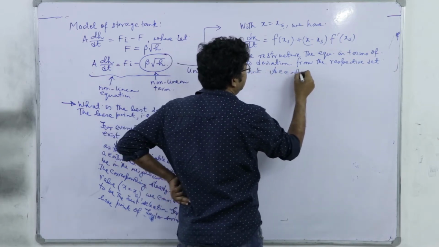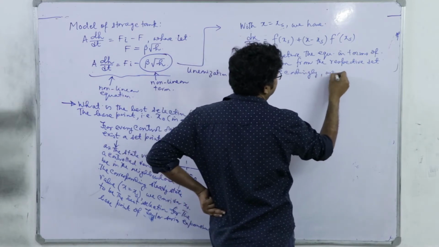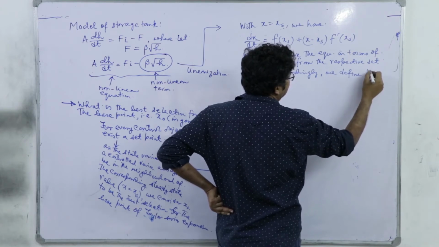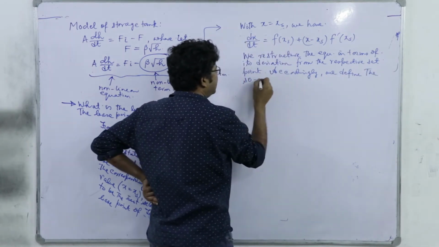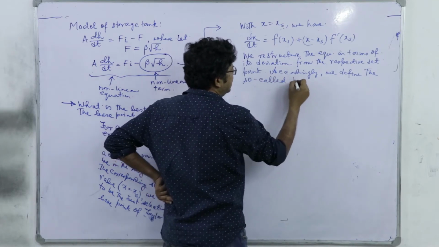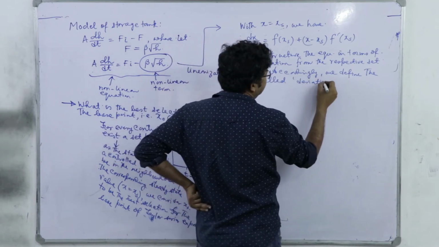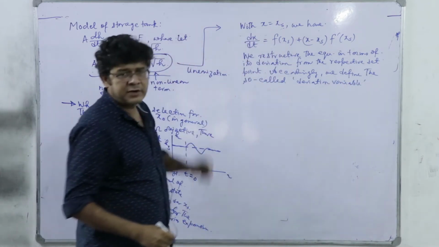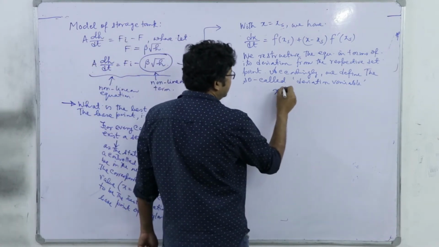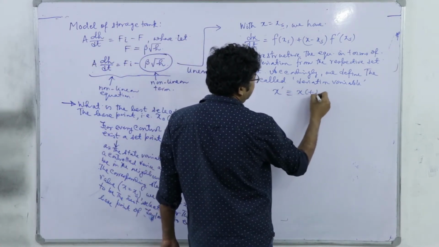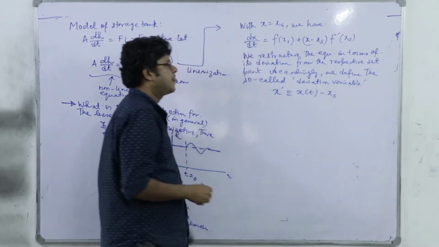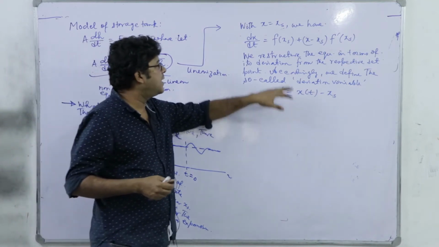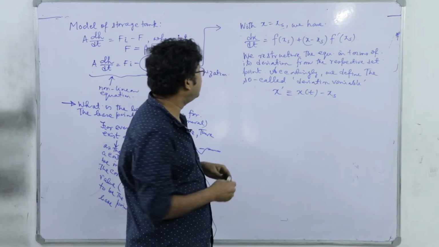Accordingly, we define the so-called deviation variable. So what is the deviation variable? X prime is x of t minus xs. So this is the deviation variable. Once we have defined the deviation variable, we have to write the equation in terms of the deviation variable.